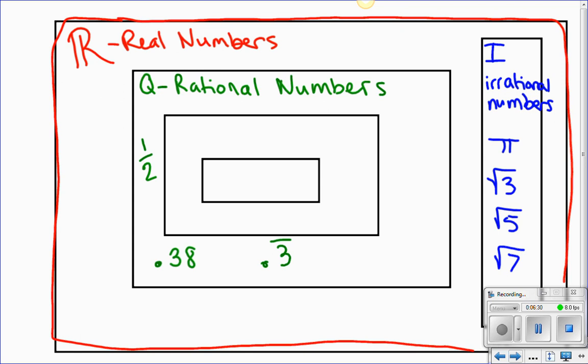Integers. So those are Z. So integers are positive or negative whole numbers. Okay, and then we've got the natural numbers.